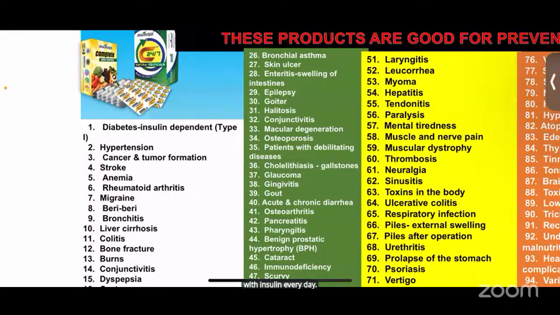These two products are good for hypertension, that is BP. In fact, they're good for both high pressure and low pressure. They're also good for cancer and tumor formation. Cancer is the result of tumor formation, so it can even destroy all the tumors. It is good for stroke. So if you are taking these products, you'll not get all these diseases.